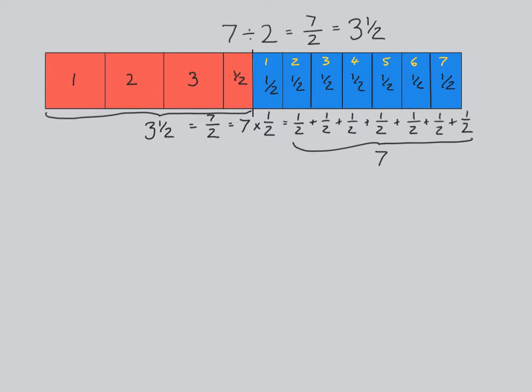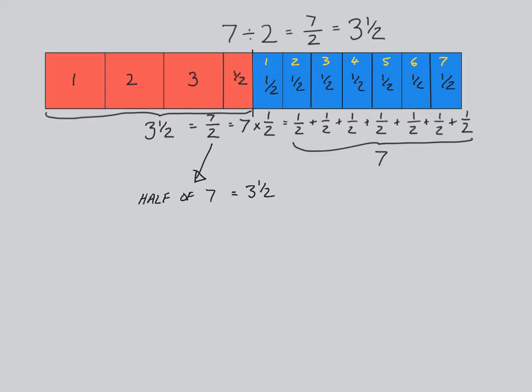Now what that means is that 7/2 tells us a lot of things. It tells us what half of 7 is: it's 3.5.